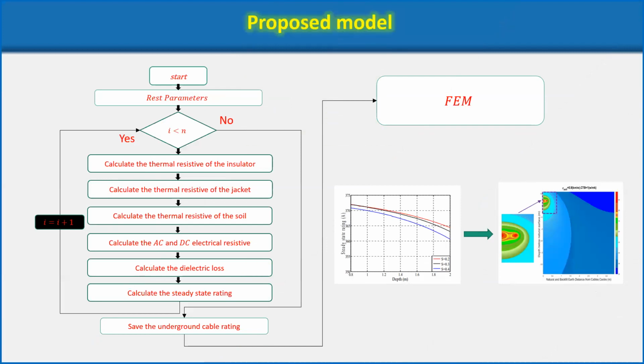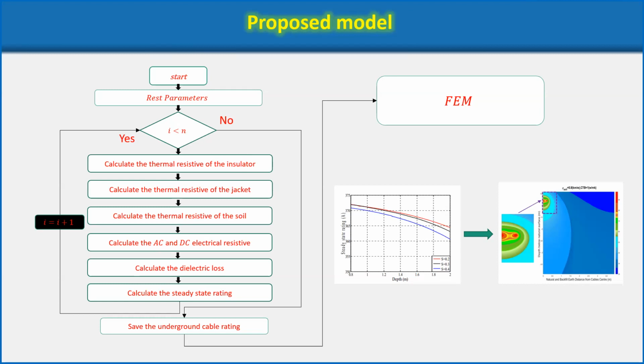Here we see the proposed model. This flowchart represents an illustration of the proposed model for calculating the steady state rating current. We start with the input parameters. We have n, the number of iterations, and i, the number of values for parameters.